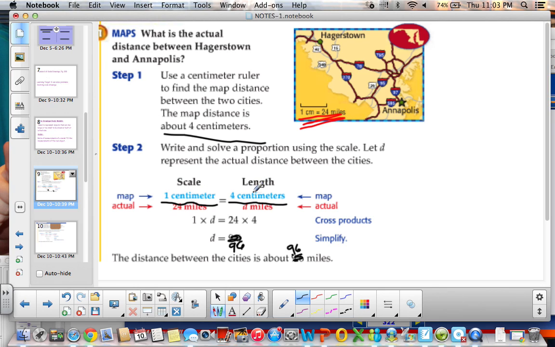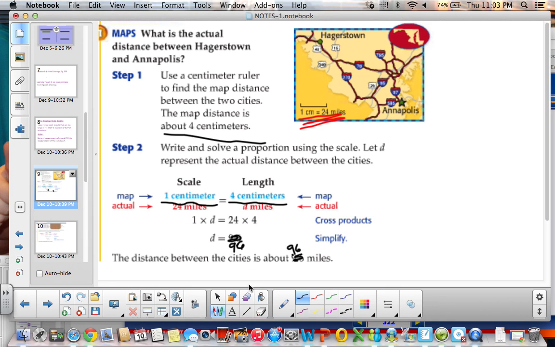Our numerators are both the map distances, and the denominators are both the actual distances. So we need to make sure we're lining up our numbers correctly vertically in each of our proportions, but also horizontally with map and actual.